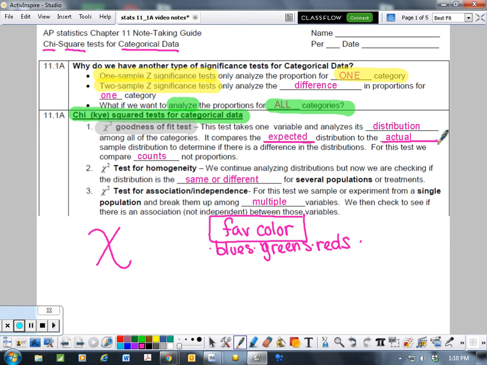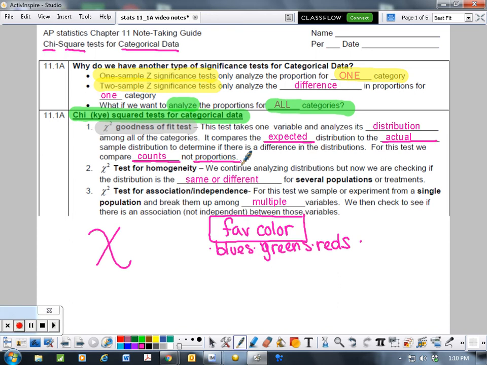For this test, we compare counts, not proportions, which is different than any other significance test we've done so far with categorical data. Usually when we're looking at Z's, we're looking at proportions. Now we're looking at actual numbers.